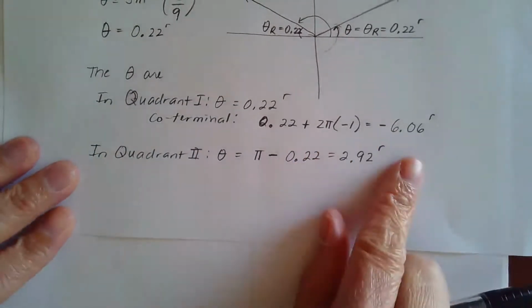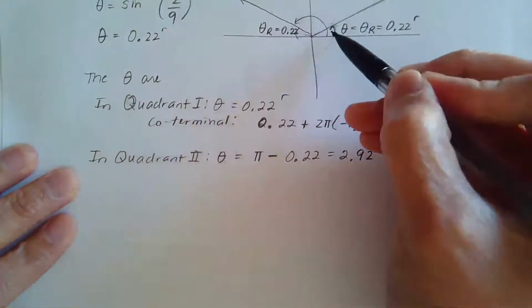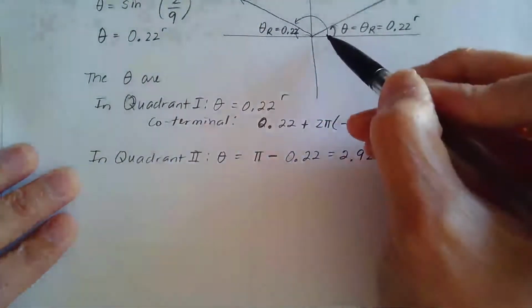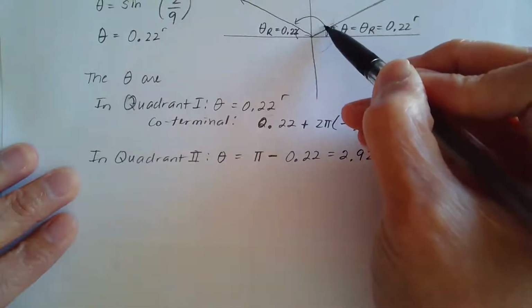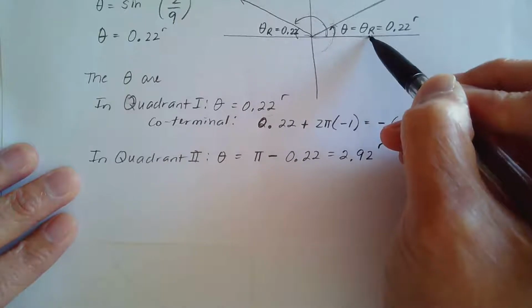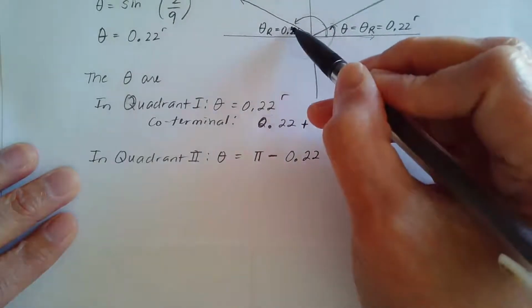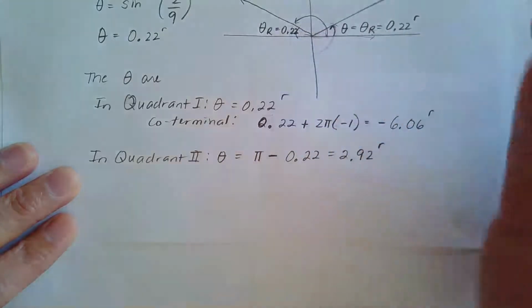The other coterminal for this one, now we're going to talk about this angle right here. 2.92 is this angle from the positive initial arm on the positive x-axis going this way, but we could also turn clockwise, which is a negative angle.